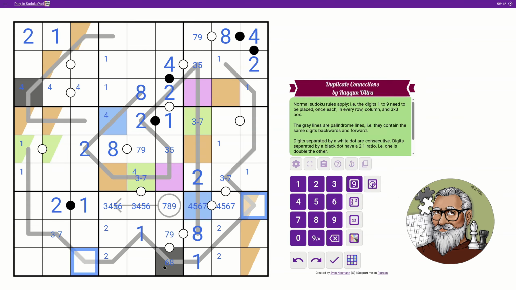Do I have to color this one too? Where was this one? It was there. The 1 is there. This one is that. Oh, this one is this one. And it's one of these. So could it be this one? 1, 2, 3. It can.